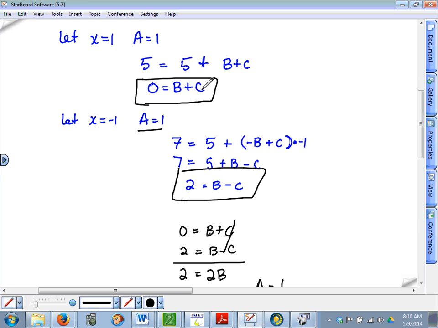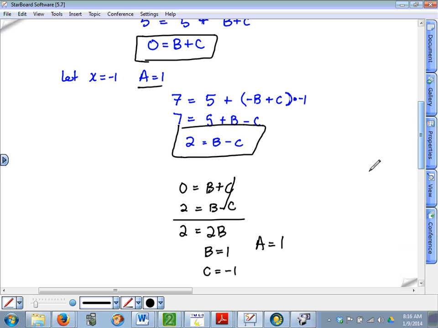So whatever B is, C had to be the opposite of that, so that they could add to be 0. What we really would have done once we found B is to go back up to one of these equations, like this one here. If B is equal to 1, if you subtracted 1, you could solve for C that way.